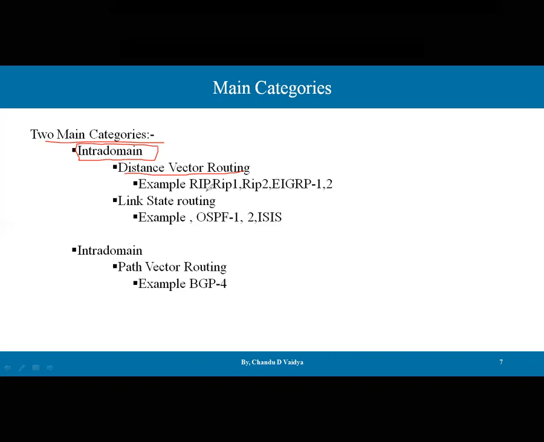Examples are RIP version 1 and version 2, and EIGRP. The second category is the link state routing protocol. Examples are OSPF version 1 and 2, and IS-IS. These are the protocols.